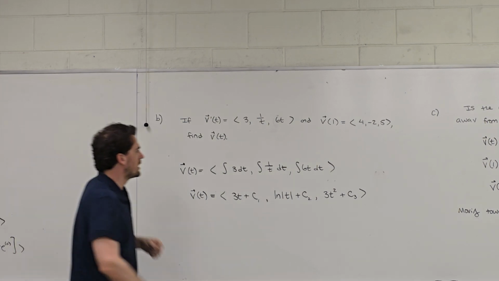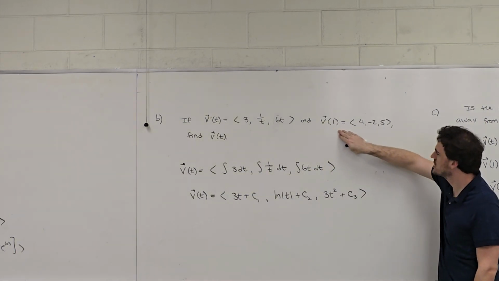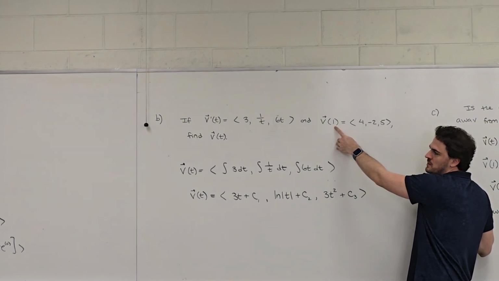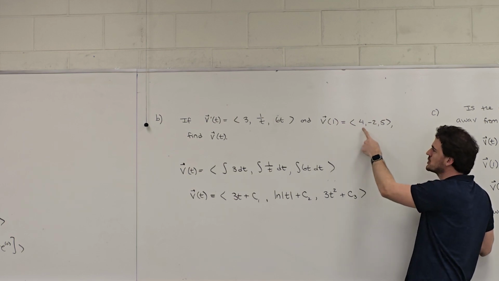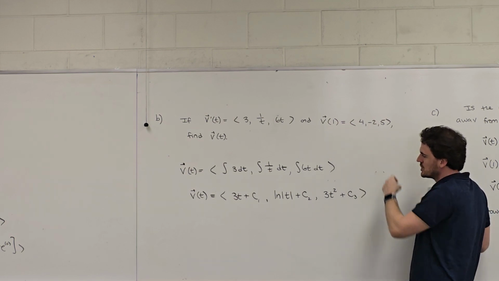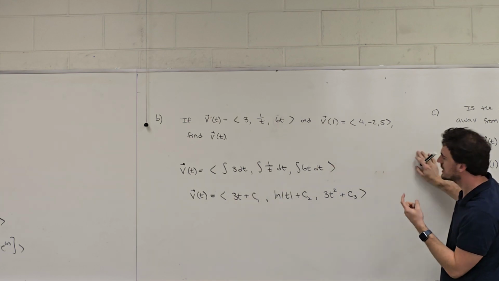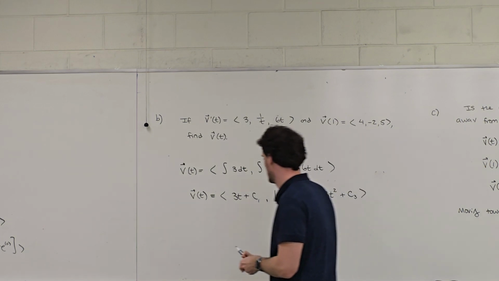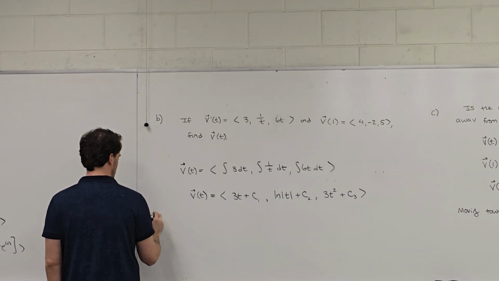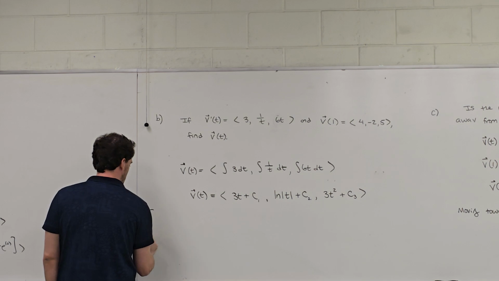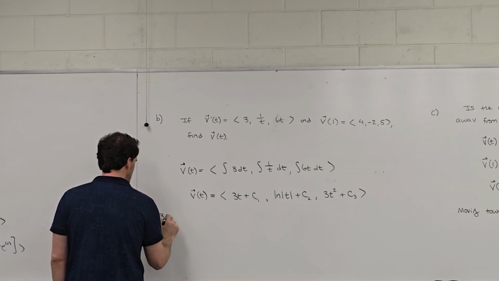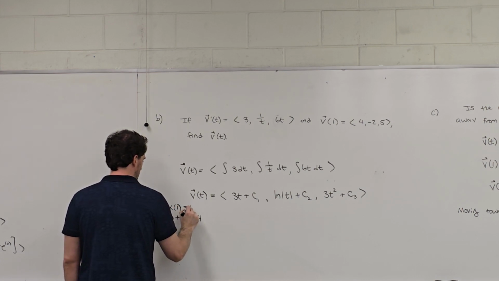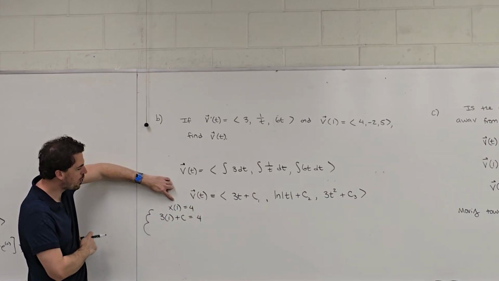So now I'm given an initial condition. This is saying when you plug in 1 for t, you should get 4. So go over to your x component, plug in 1 for t, and you know that should be equal to 4. So in my scratch work, 3 times 1 plus c, and I'm going to write it like this. x of 1 is 4.